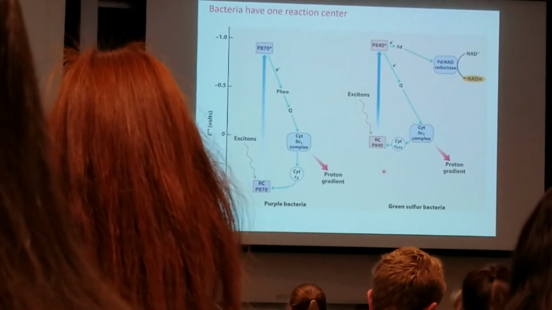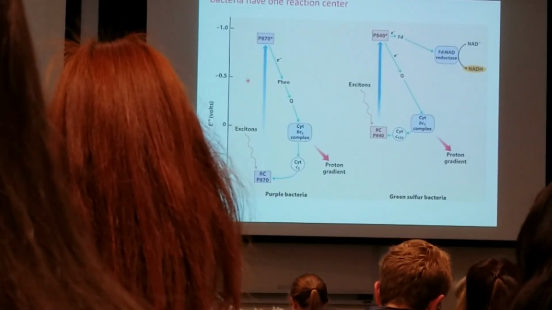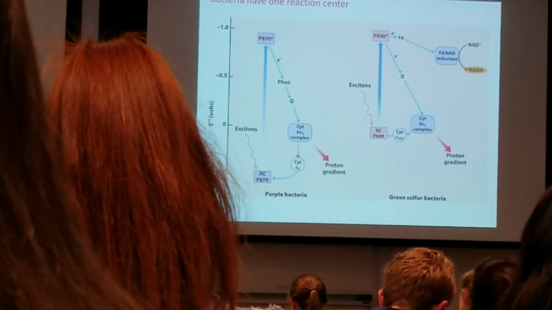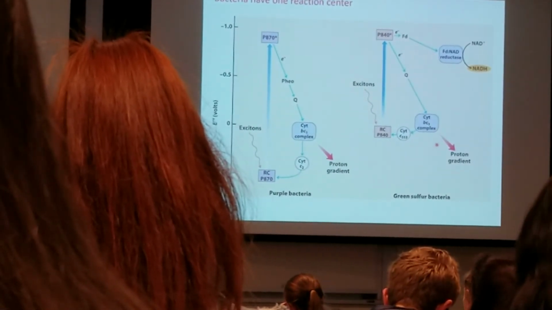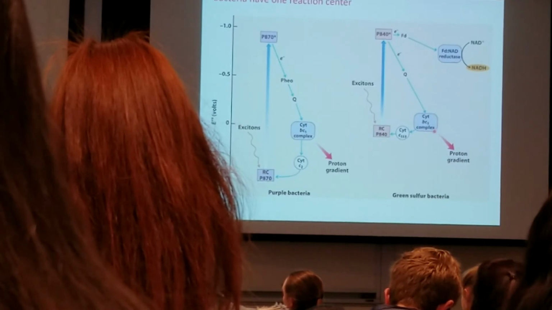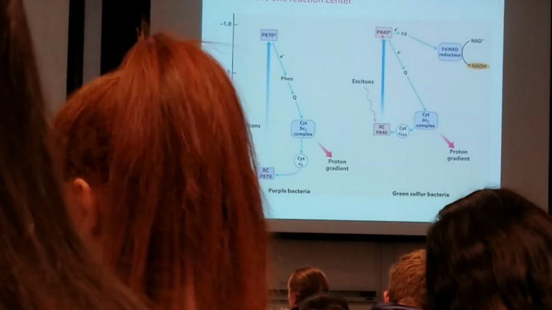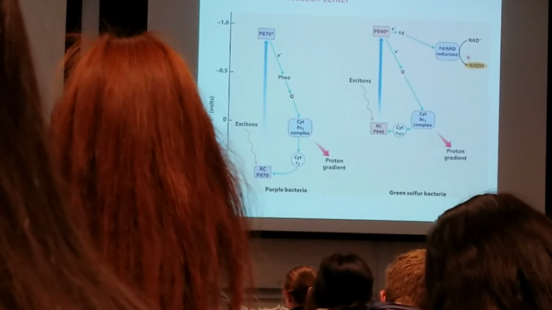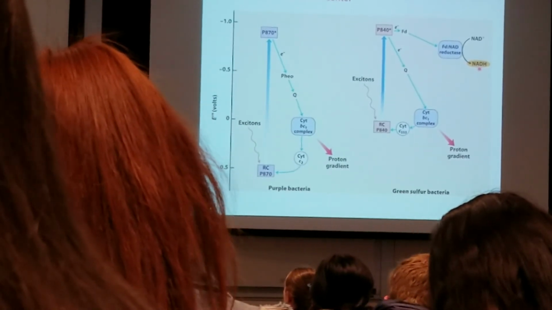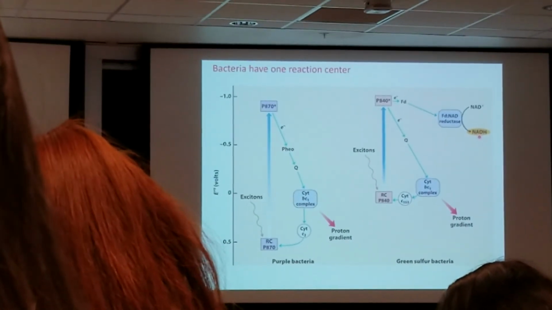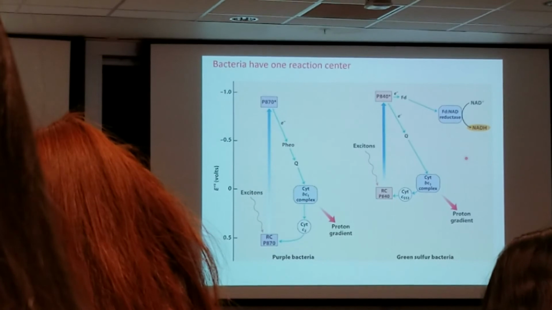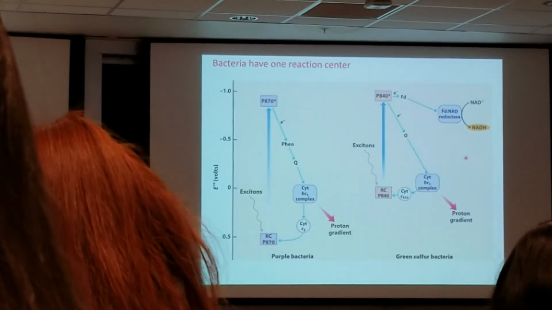Cool? So these guys can use light to generate a proton gradient. These guys can use light to either generate a proton gradient or make some reducing power in the form of NADH, not NADPH.